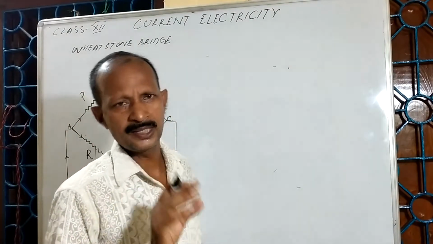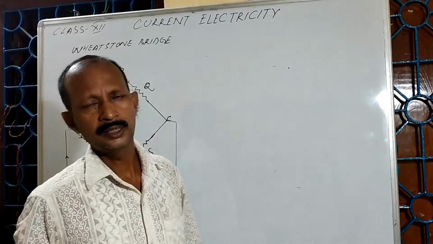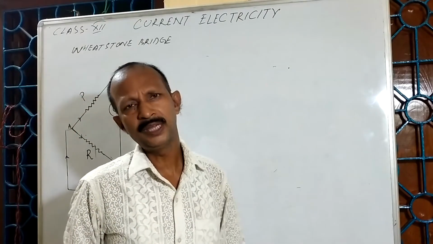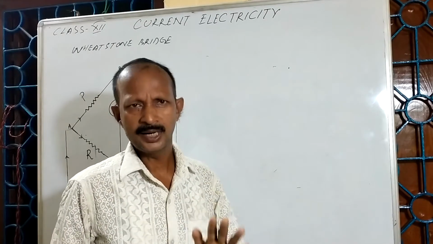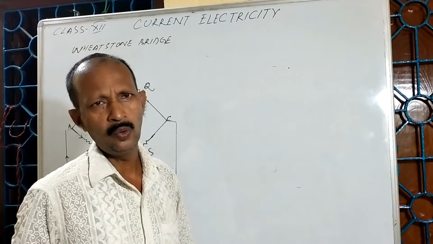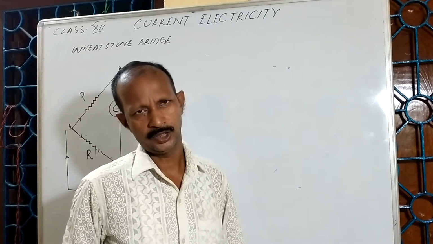Out of those four resistors, we can measure the resistance of one of them in terms of the others. That means if the resistances of three resistors are known, we can find the resistance of the fourth resistor.